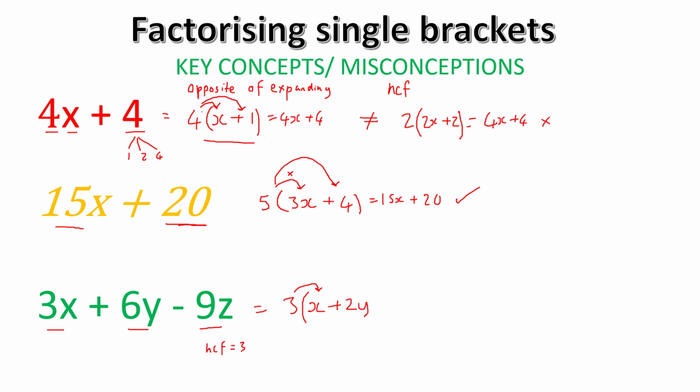Add the y in. If you expand that out, you'll get 6y. And now you can see this is a negative sign here, so we know we've got to get a negative 3z, and that will be the correct answer, because if you were to expand that out, you'll get 3x plus 6y minus 9z.